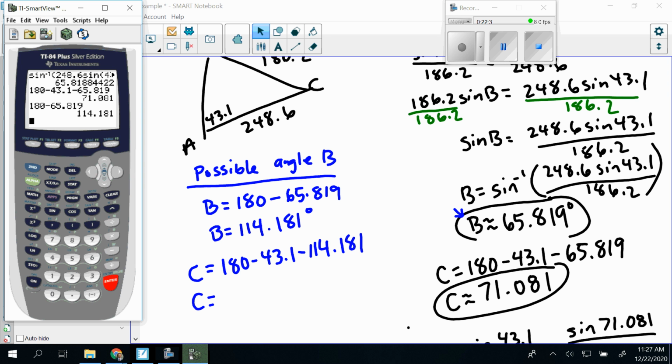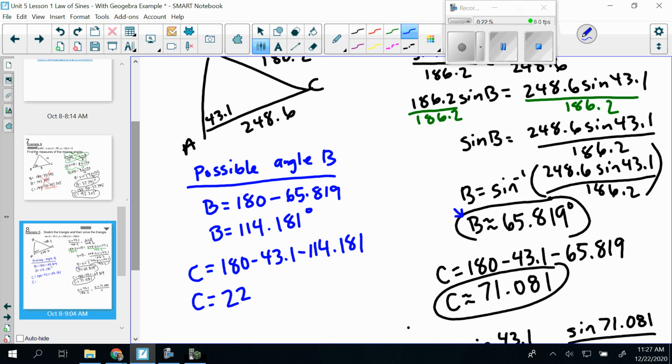We have enough angle to work with here. So if we do 180 minus this angle we just came up with, minus 43.1, it is possible to have another triangle here. So the other triangle could have an angle C of 22.719.